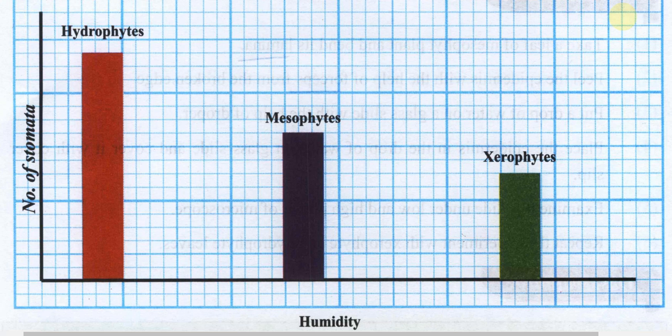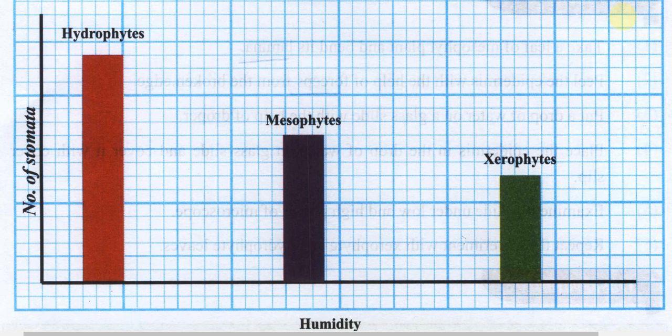As you can see and observe in the table, the number of stomata in hydrophytes was 30. So the bar of hydrophytes will be higher than mesophytes and xerophytes.